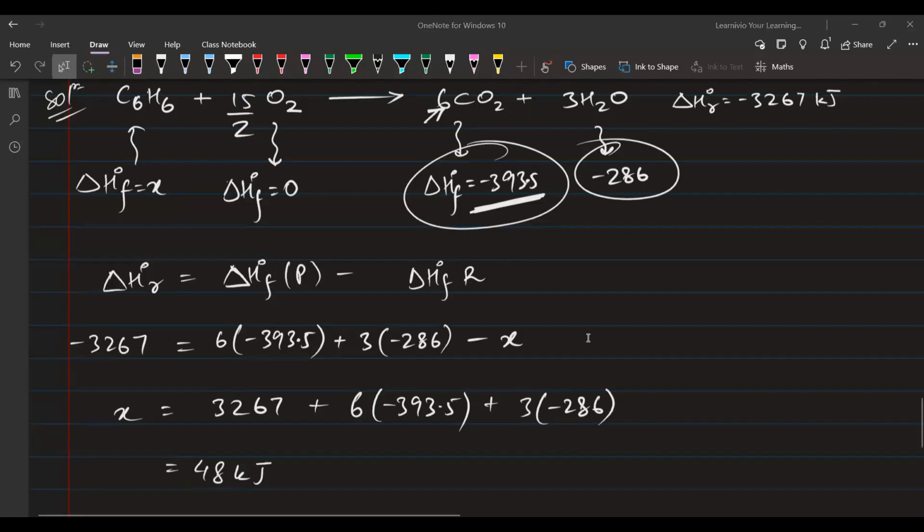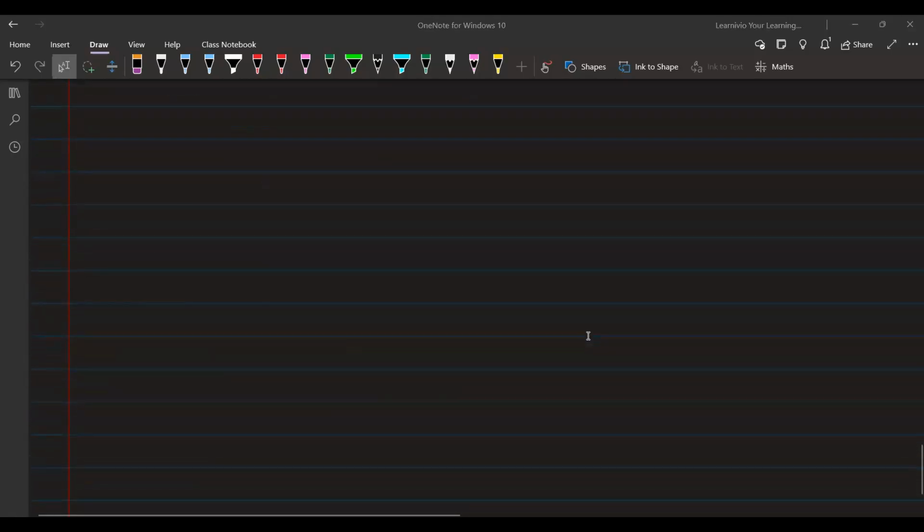चलो, right, next question. Another type of question can be given like this. Calculate enthalpy of formation of ethane from following data.